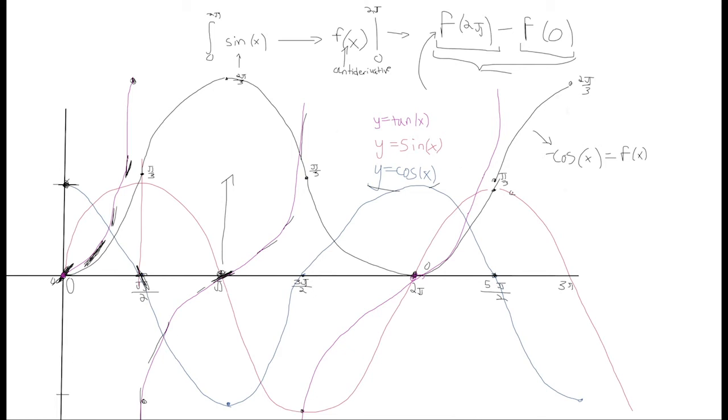So that's what you do. But yeah, it turns out that the antiderivative of the sine function is actually minus cosine, okay? Or I should write dy dx in this context.